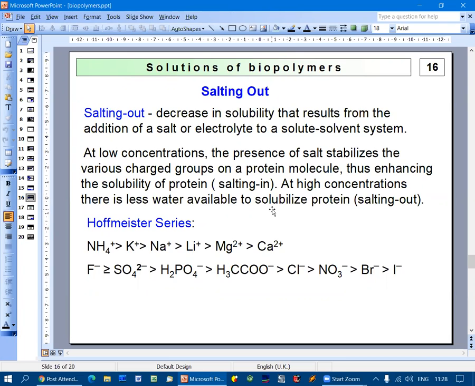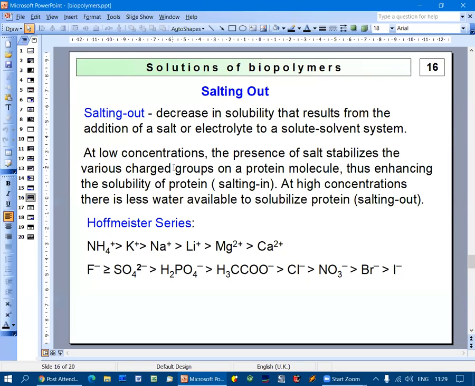Ions of salt penetrate inside the molecule of protein, interacting with different charged groups, and it increases the diameter of a molecule of protein a little bit, allowing water to be absorbed inside the molecule of protein, increasing these protective films of bound water and, as a result, stabilizing the total system.